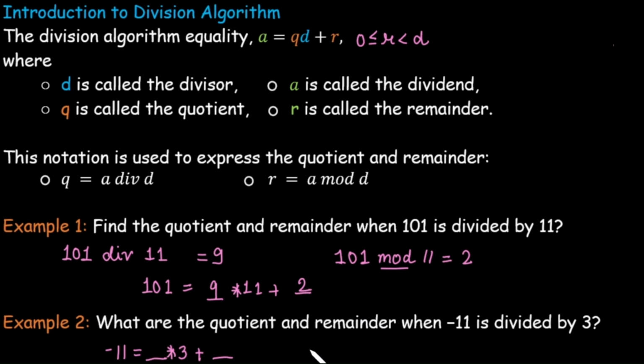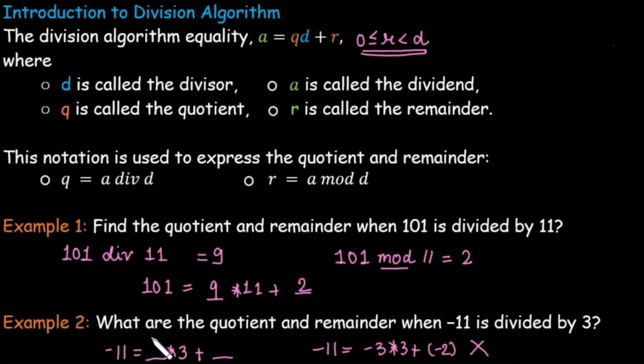One way is to write minus 11 is equal to minus 3 times 3 plus minus 2. In this case, the remainder is negative, but in the division algorithm, the remainder is always non-negative. In short, this is the incorrect way to write it. So the quotient is not minus 3 and the remainder is not minus 2.